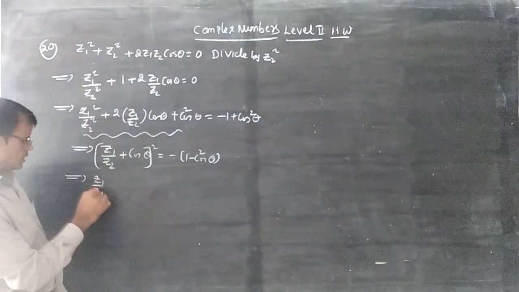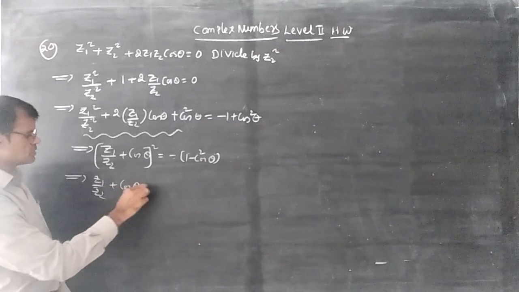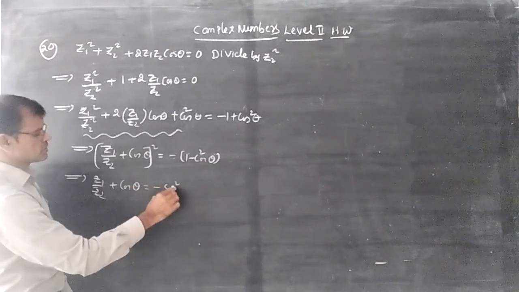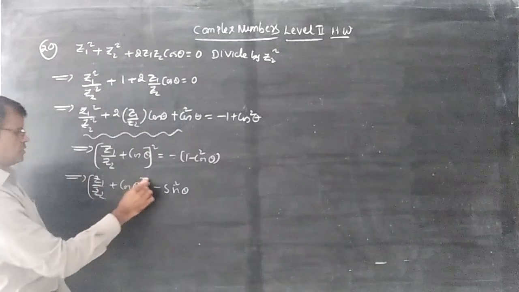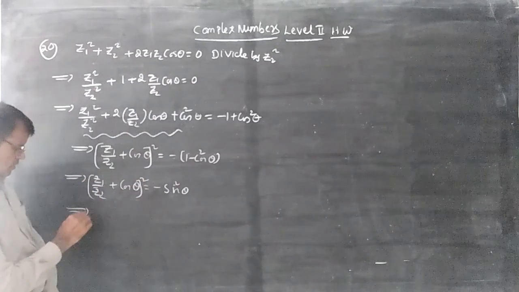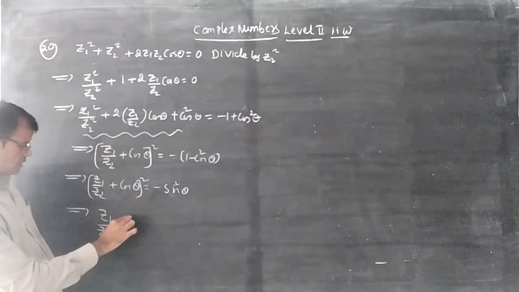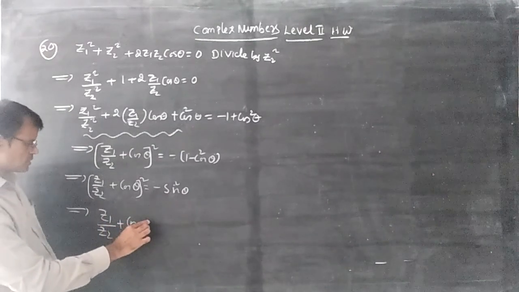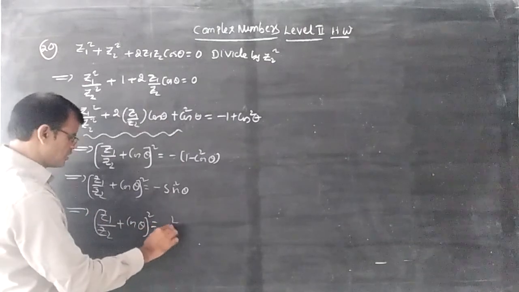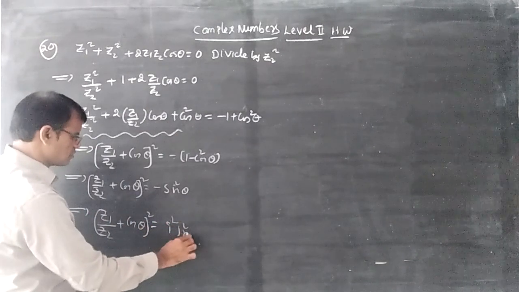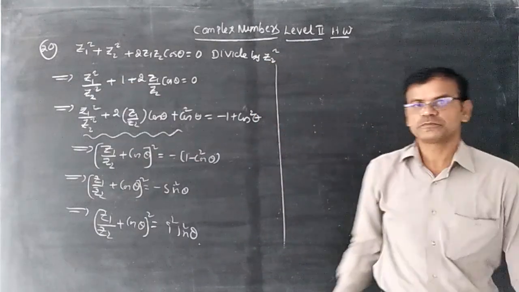So Z1 by Z2 plus cos theta whole square is equal to minus sin square theta, which is i square into sin square theta.